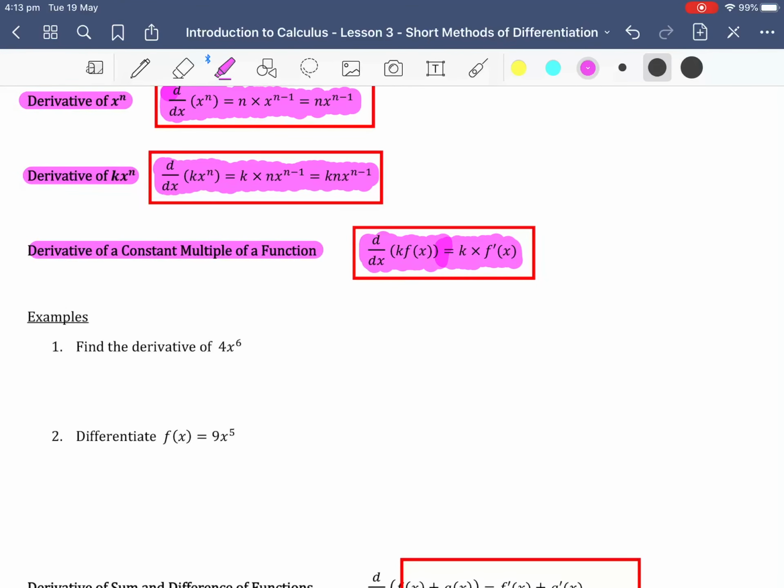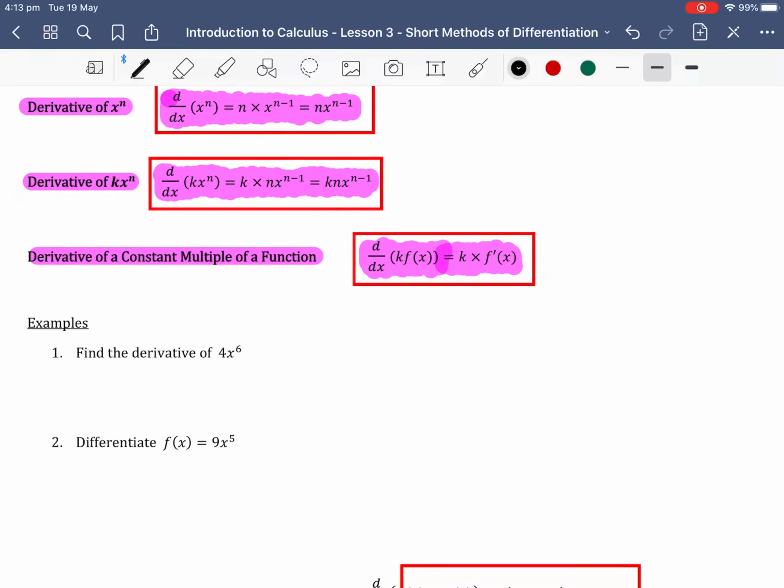We want to find the derivative of 4x to the power of 6. This example is exactly like our derivative of kx to the power of n. So we have k equals 4 and n equals 6.